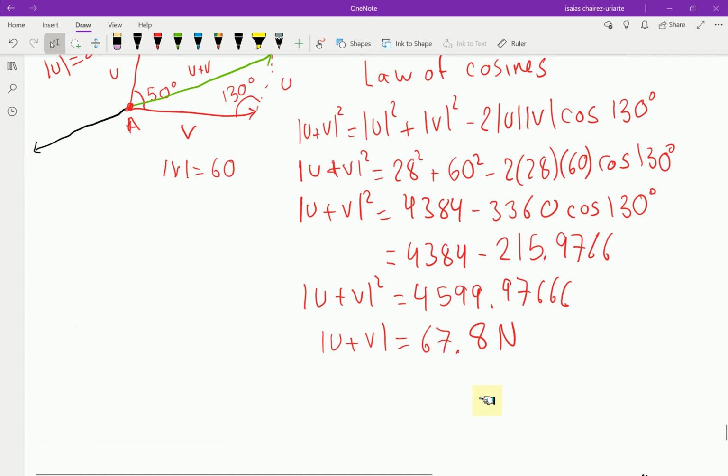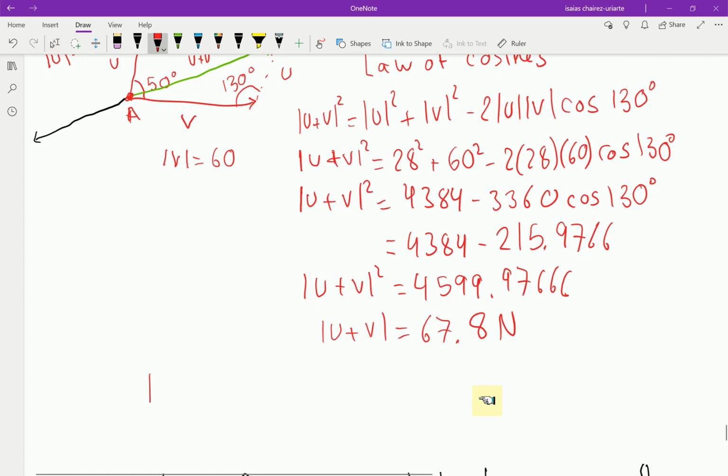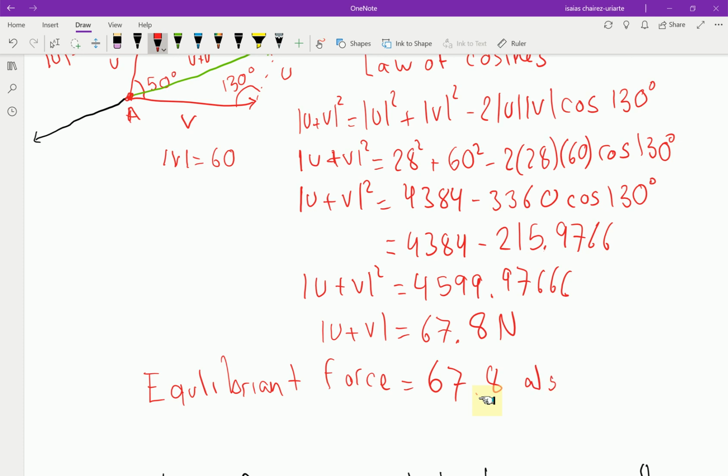That means that the equilibriant force is the same: 67.8 newtons also.